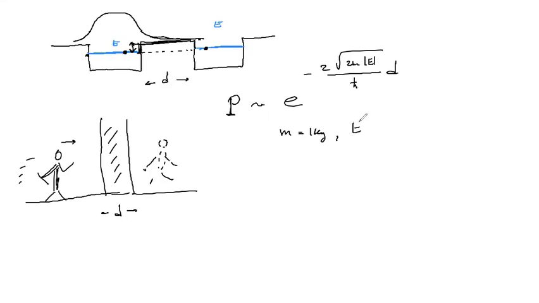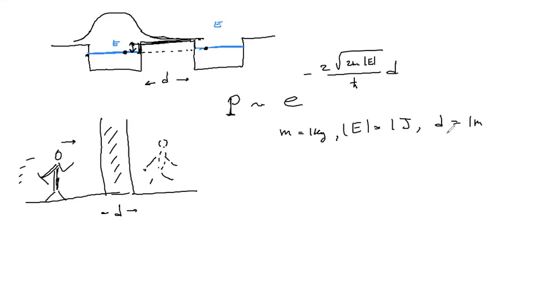The energy is roughly 1 joule, and the distance I have to move through is 1 meter. So I'm picking a typical macroscopic classical object. So a 1 kilogram ball should tunnel through a 1 joule potential barrier over 1 meter distance.